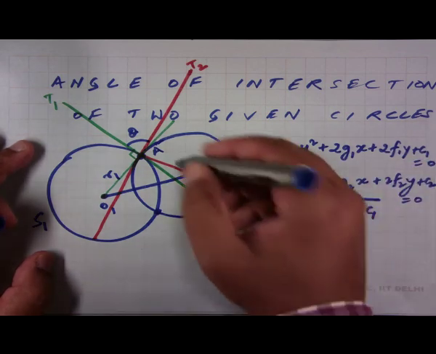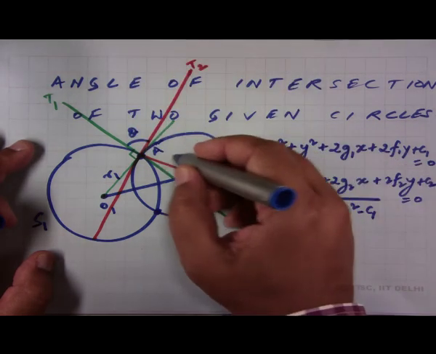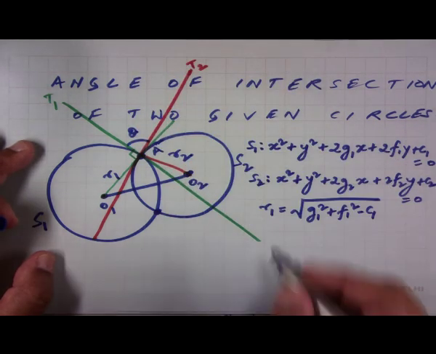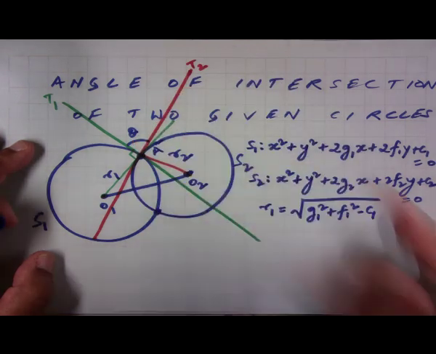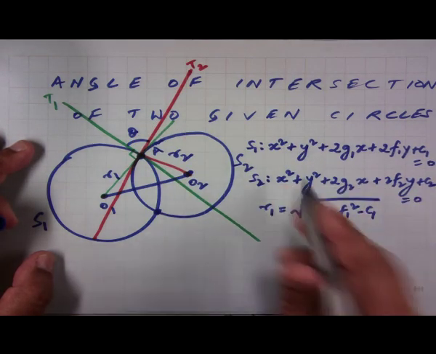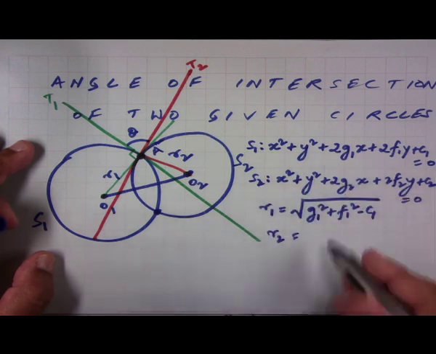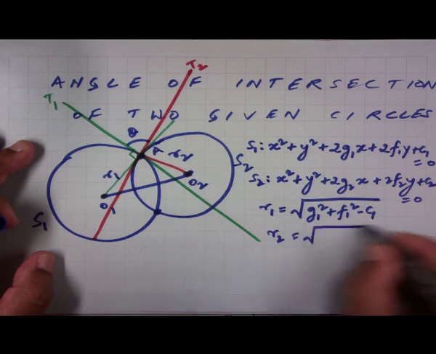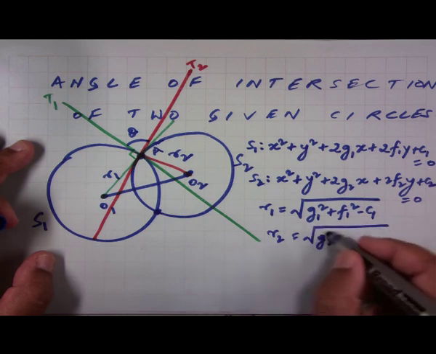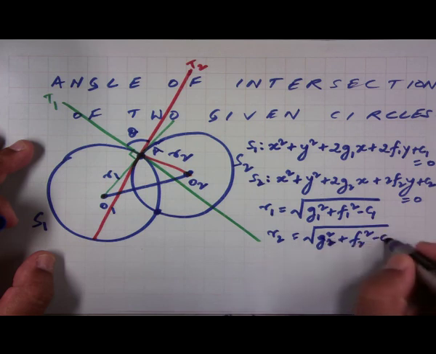Similarly, we can find this length O2A, which is the radius of the second circle. Since we already know the equation of the second circle, we know the values of g2, f2 and c2. So, R2 will simply be the square root of g2 square plus f2 square minus c2.